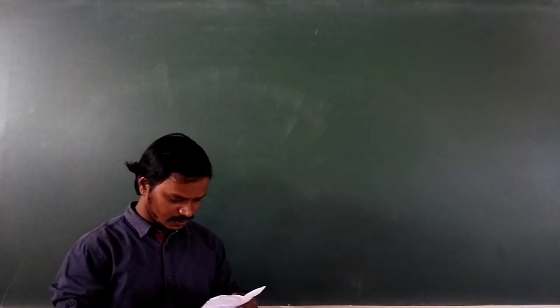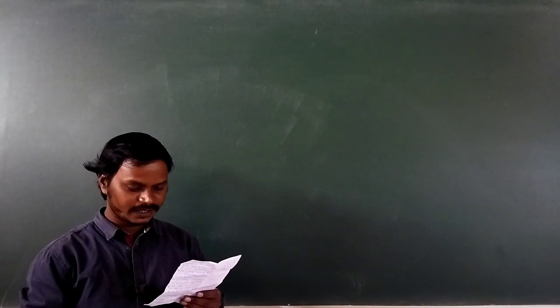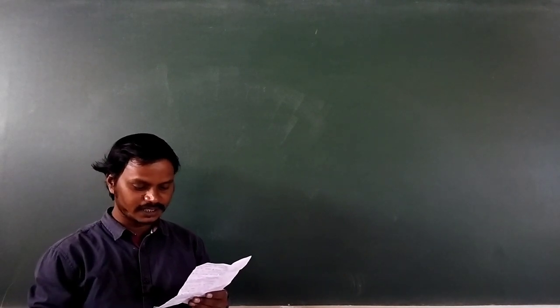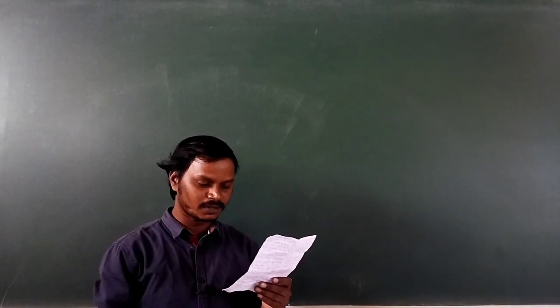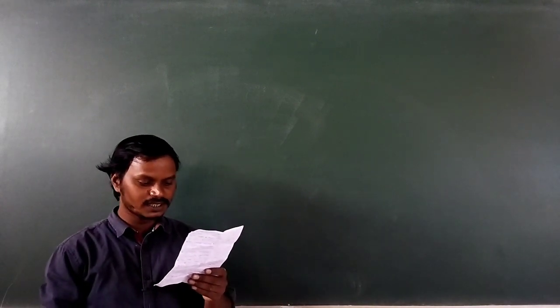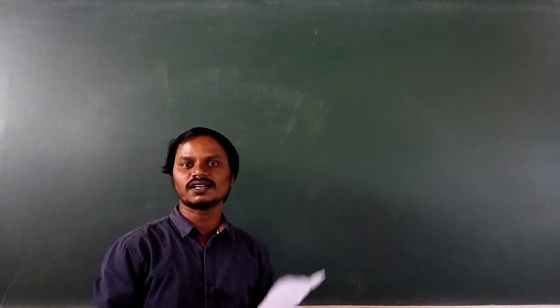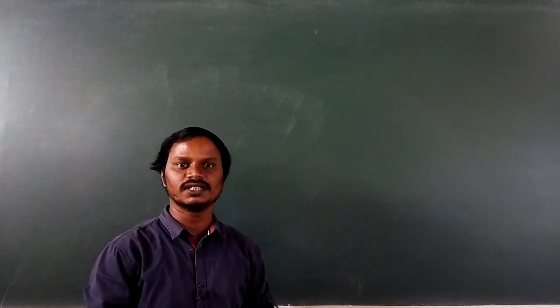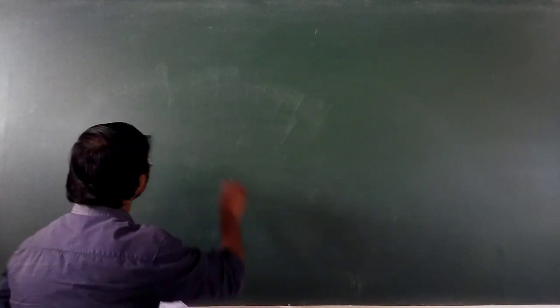Next question: the radius of a germanium nuclide is measured to be twice the radius of beryllium 9-4, mass number 9 and atomic number 4. The number of nucleons in germanium is... The number of nucleons is nothing but the mass number of the germanium nucleus. Means we have to find the mass number of the germanium nucleus.